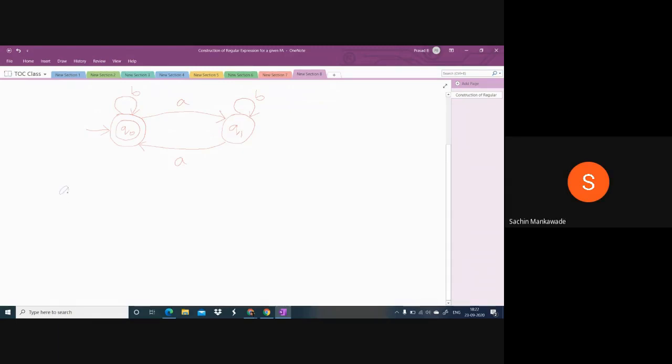Guys, look at this. Q naught equal to, here two states, and for Q naught the edges are: one is from outside, one is from itself with B, the third one is from Q1 with A. So Q naught equals epsilon from outside, plus Q naught with label B, plus Q1 with label A. Now for Q1, we are reaching two edges, one is this one and the other one is this one.